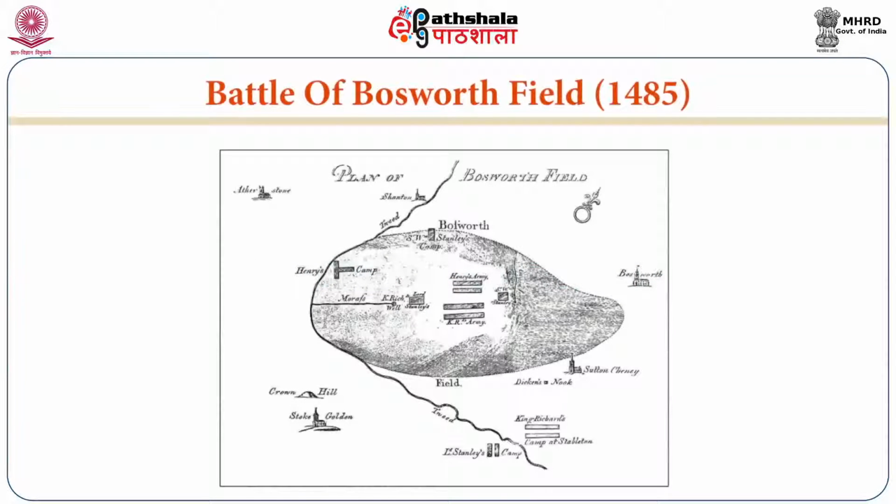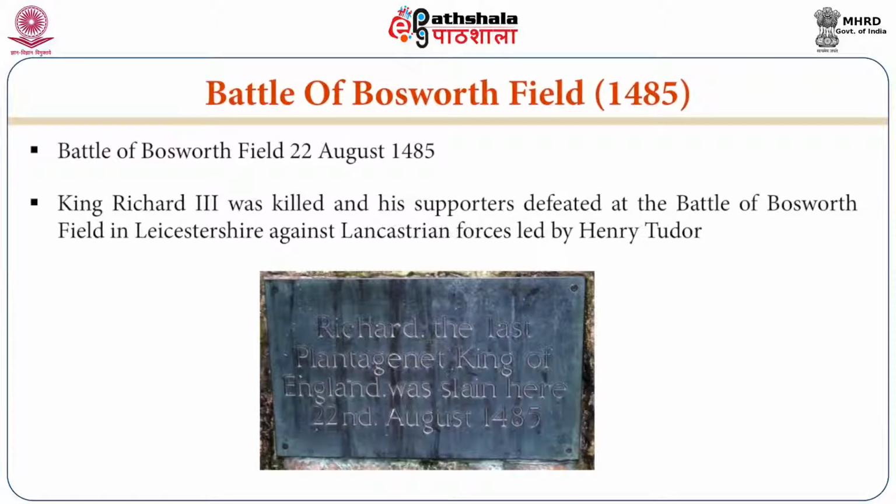The Battle of Bosworth Field, 22nd August 1485. King Richard III was killed and his supporters defeated at the Battle of Bosworth Field in Leicestershire, and it was against Lancastrian forces led by Henry Tudor.